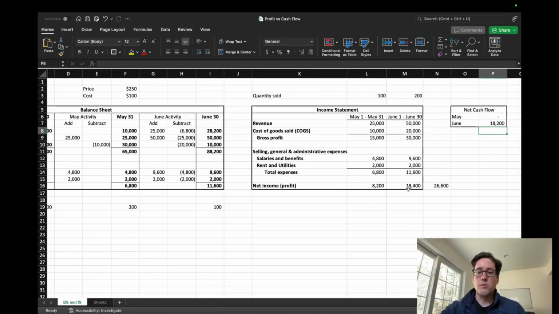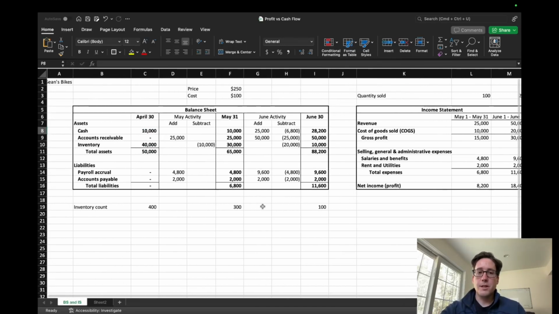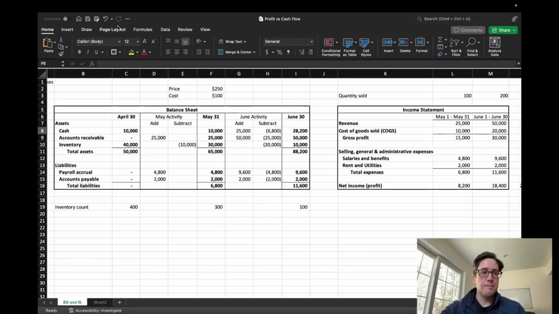Using just a straight cash method, where you only record transactions when it's cash out or cash in, I don't like that, because then it's hard to say, am I getting better? Did my sales improve, or did I just get better at collecting? So understanding the difference in these is very important.